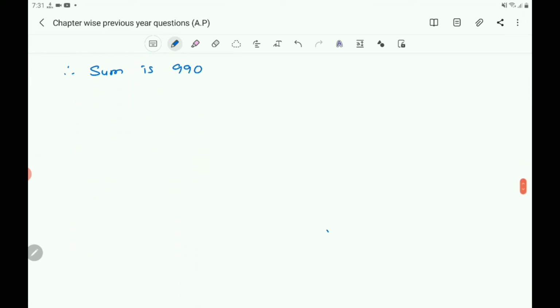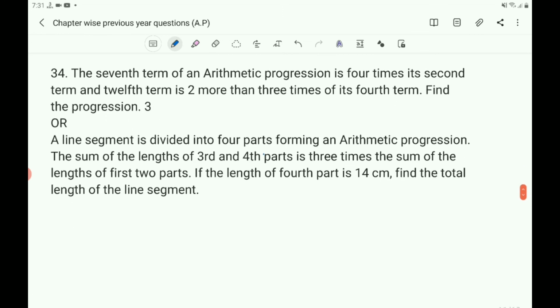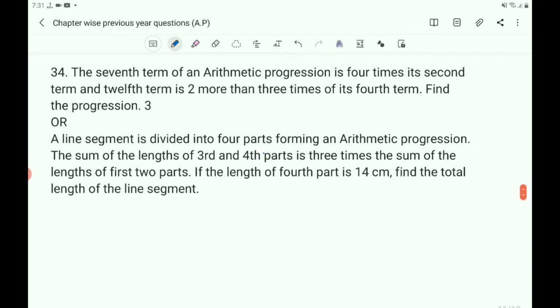Then let us come to the 34th question. The 7th term of an arithmetic progression is 4 times its second term, and the 12th term is 2 more than 3 times its 4th term. Find the progression. It is a 3 marks question.